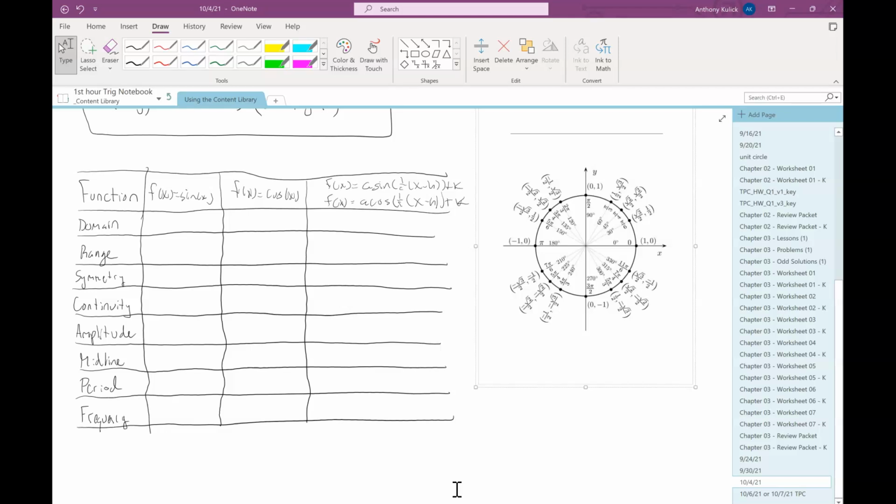So we defined this new way of describing an angle called the standard position angle that allowed us to describe angles of any size, positive or negative, as big or as small as you want.